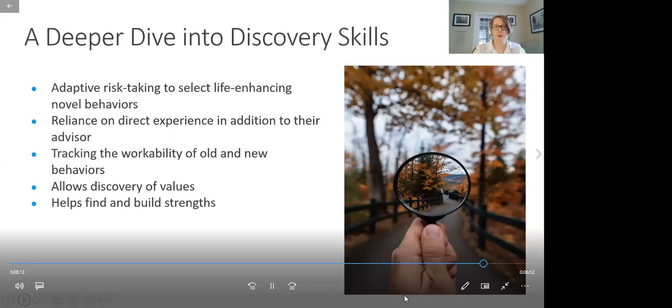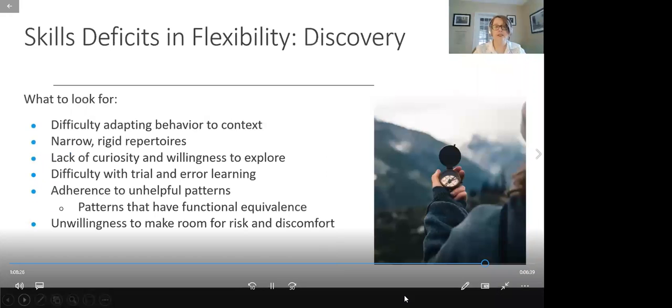So being in this space and really noticing how your behaviors work, right, is what we call tracking. Really noticing the effects of your behavior on the environment. And this helps you build and find strengths. So skills deficits here in shaping flexible repertoires would be, you're not adapting your behavior to the context, right?